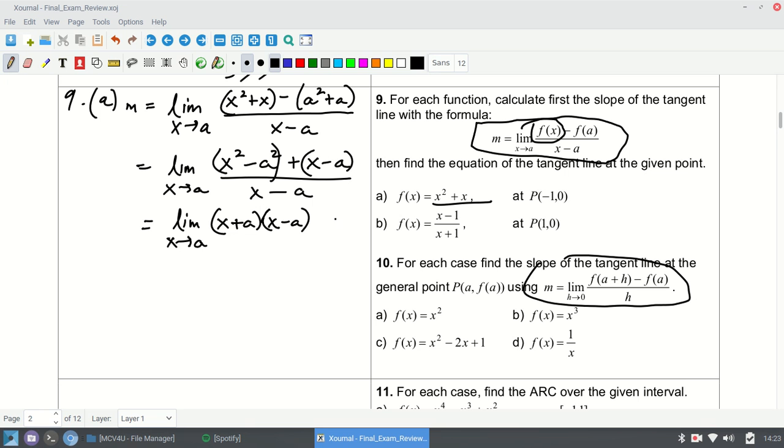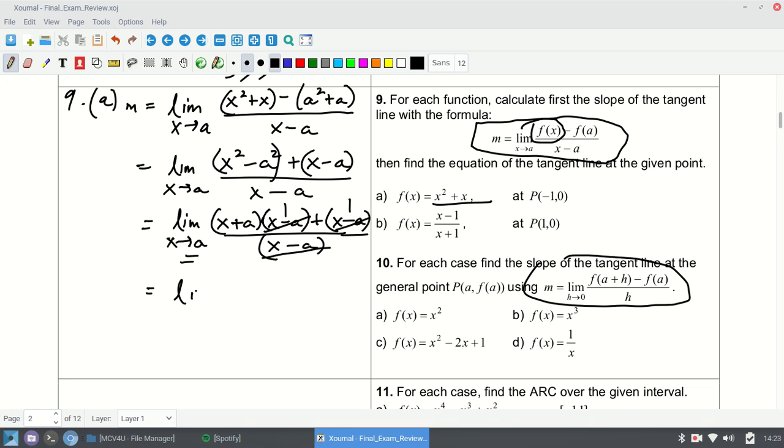All right, and so what I can do is just cancel this factor of x minus a, because that's giving me the problem due to the limit. So I cancel it, make sure I put a 1, cancel it, make sure I put a 1.